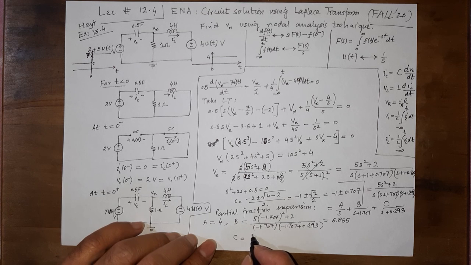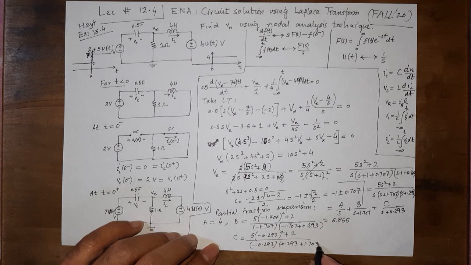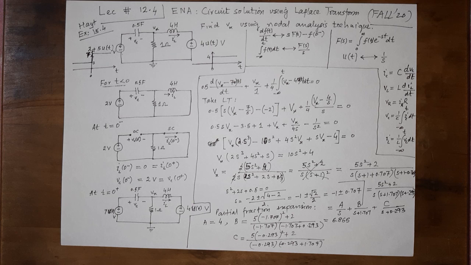So similarly, C would be equal to 5 minus 0.293 square plus 2 over minus 0.293 into minus 0.293 plus 1.707. So we are going to get, let me do it.